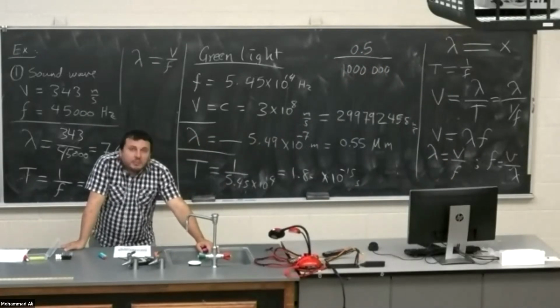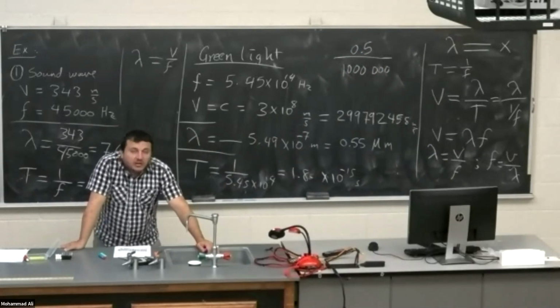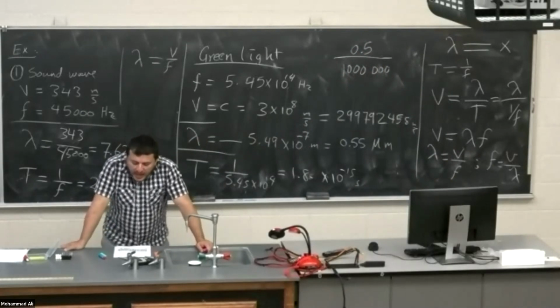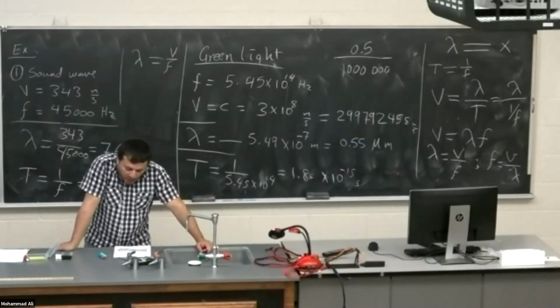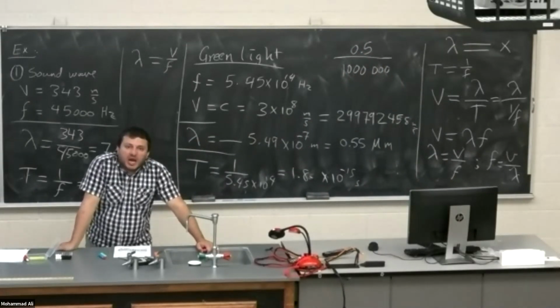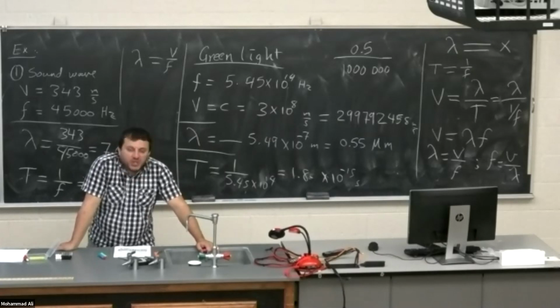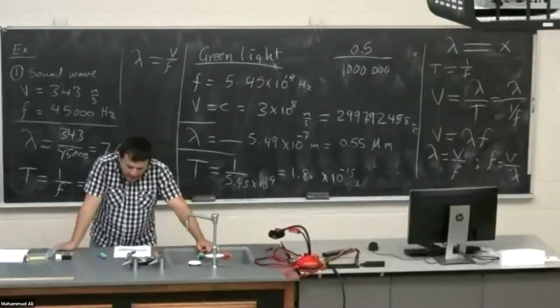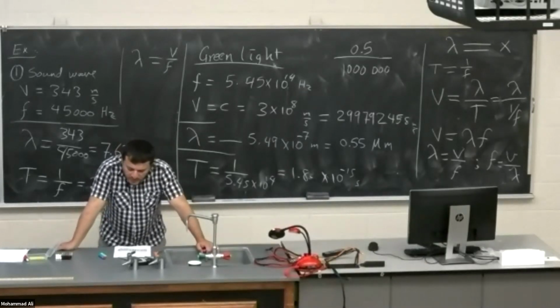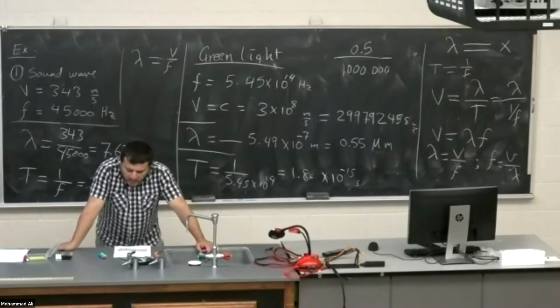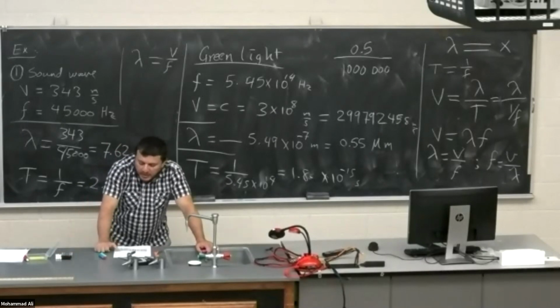Now, the second page. As I said before, sound is a longitudinal wave, and if you look at this table from the book, you will see the speed of sound in each material, from aluminum to air. In vacuum, the speed is 0. In air, it's 343 at 20 degrees.